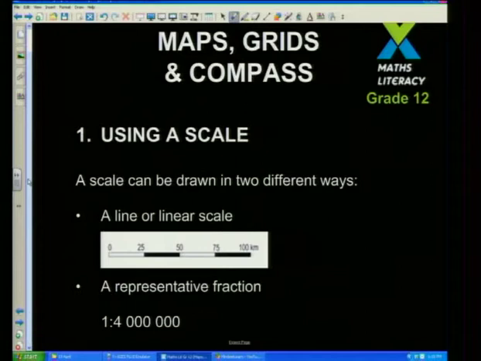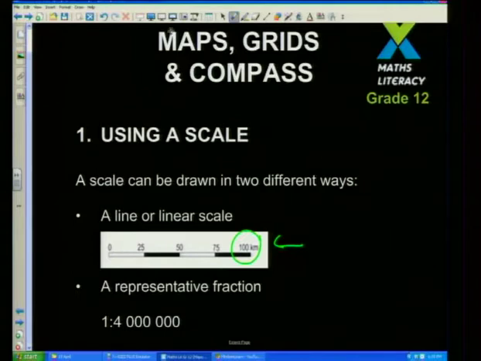You get the line or linear scale, which is this example that's shown over here. So you get on the piece of paper a measurement. So we know that distance is exactly representing 100 kilometers. Whereas you can also represent scale as a ratio, as a fraction.